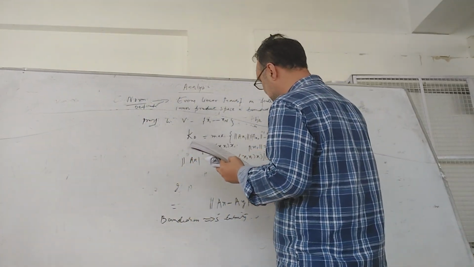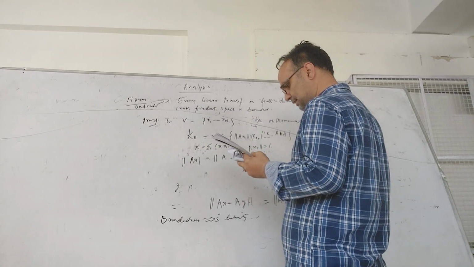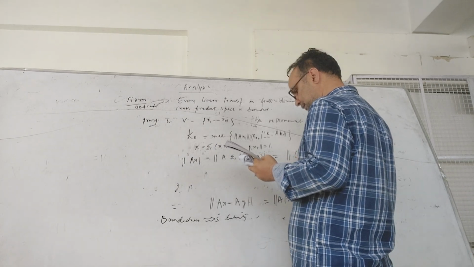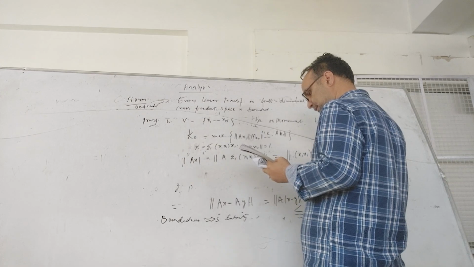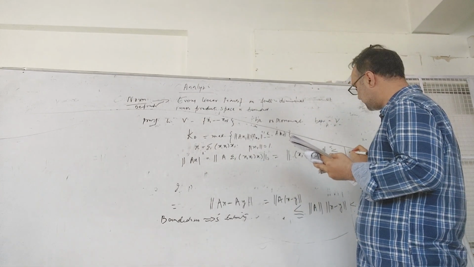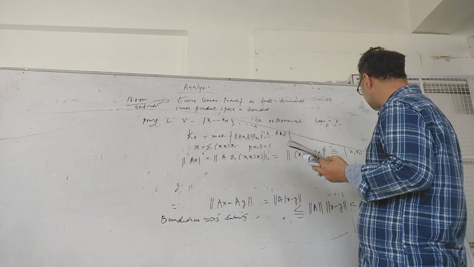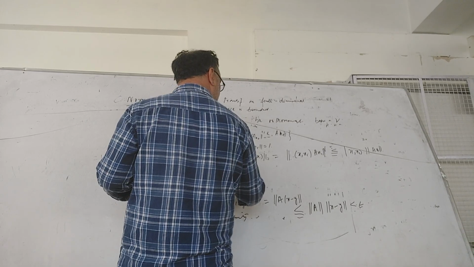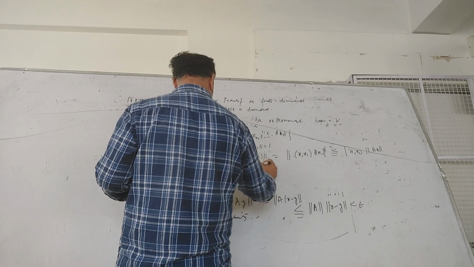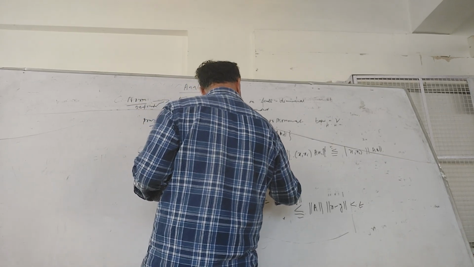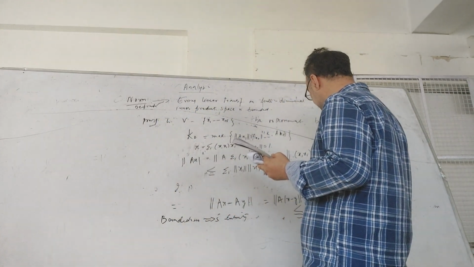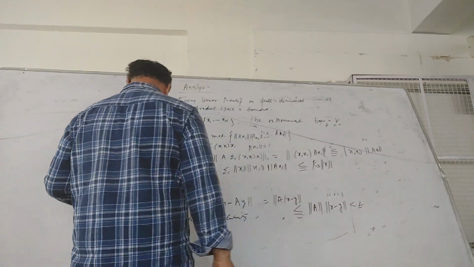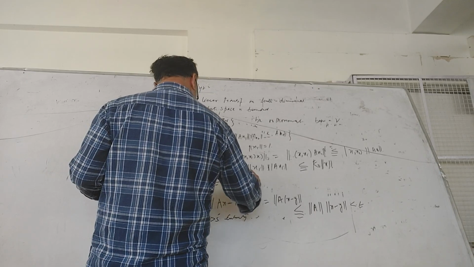You can further write this, and further this inequality can be written as less than or equivalent to the sum over i of the norms, which is less than or equivalent to n times K naught times the norm of x.